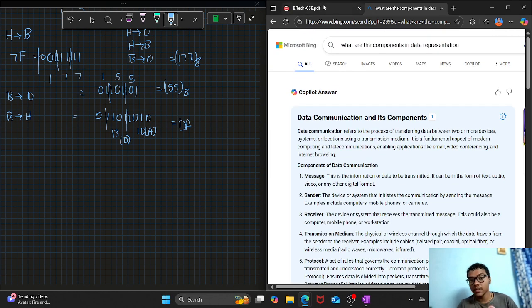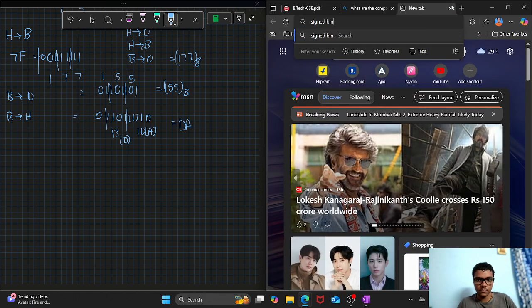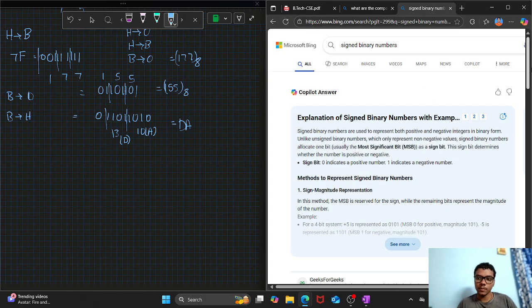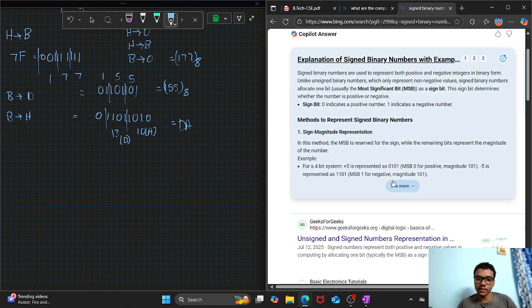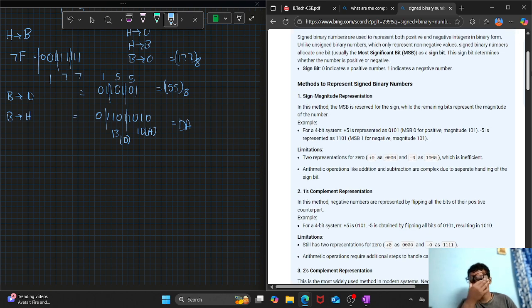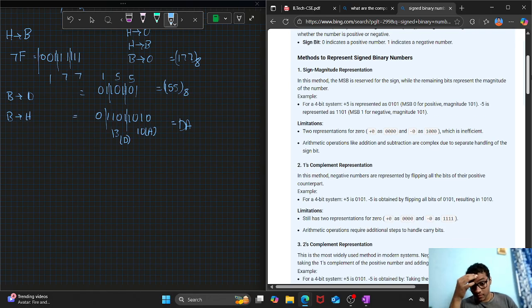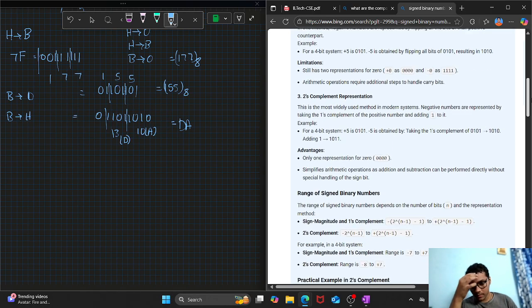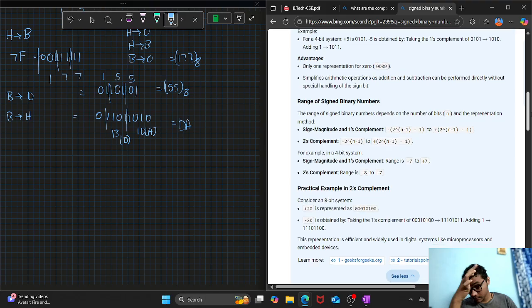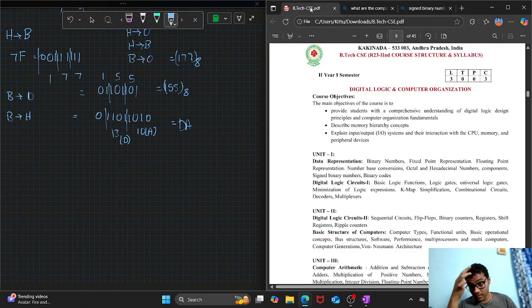Okay, I don't know what this is, but signed binary numbers. So we will see one's complement and two's complement here. Sign magnitude representation. One's complement and two's complement. Yeah, this is all we got to see.